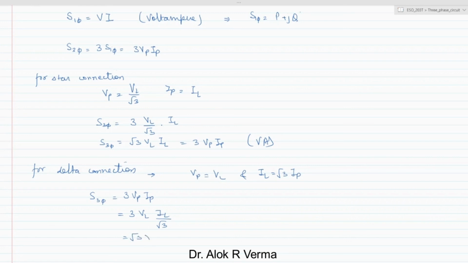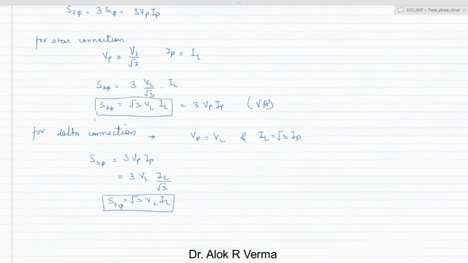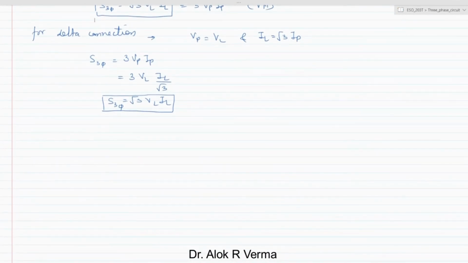So we have root 3 VL into IL. This is S of three phase. So in both cases, the star and the delta connection, the power is nothing but root 3 times line voltage and line current. So S three phase in all cases will be root 3 times VL into IL.